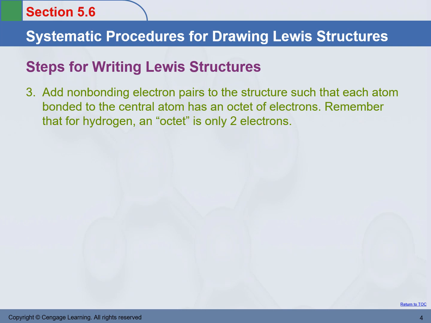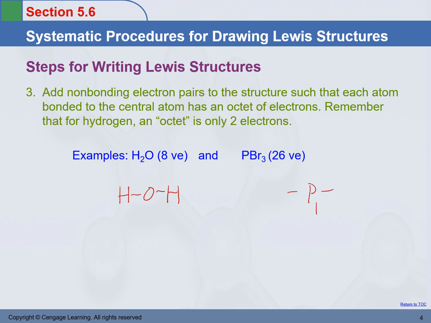Step number 3. Let me first put what we have so far at the end of step number 2. Number 3, add non-bonding electron pairs to the structure such that each atom bonded to the center atom has an octet of electrons.